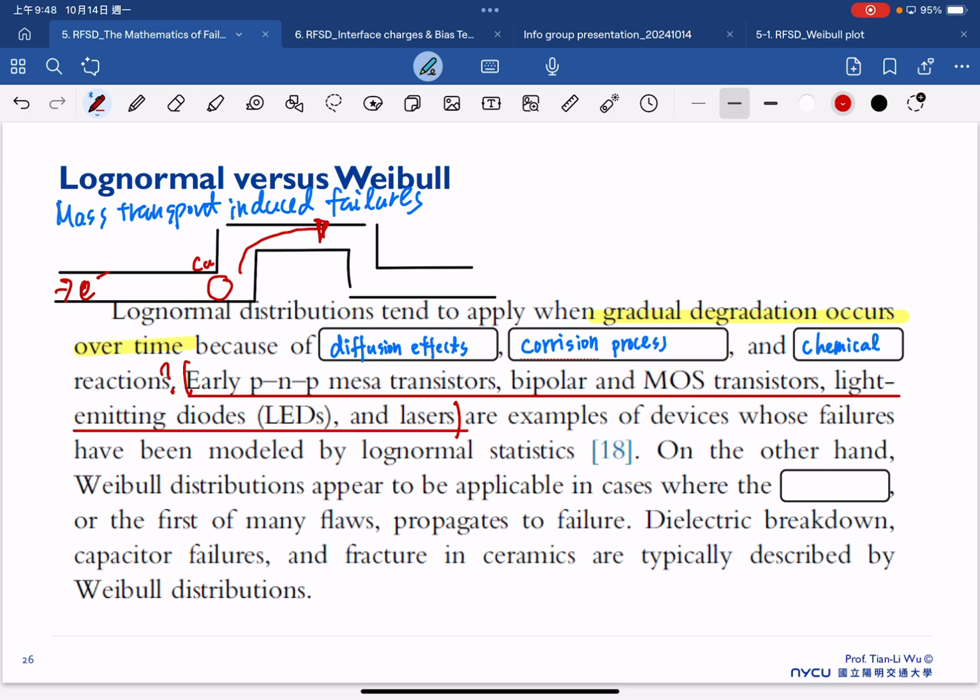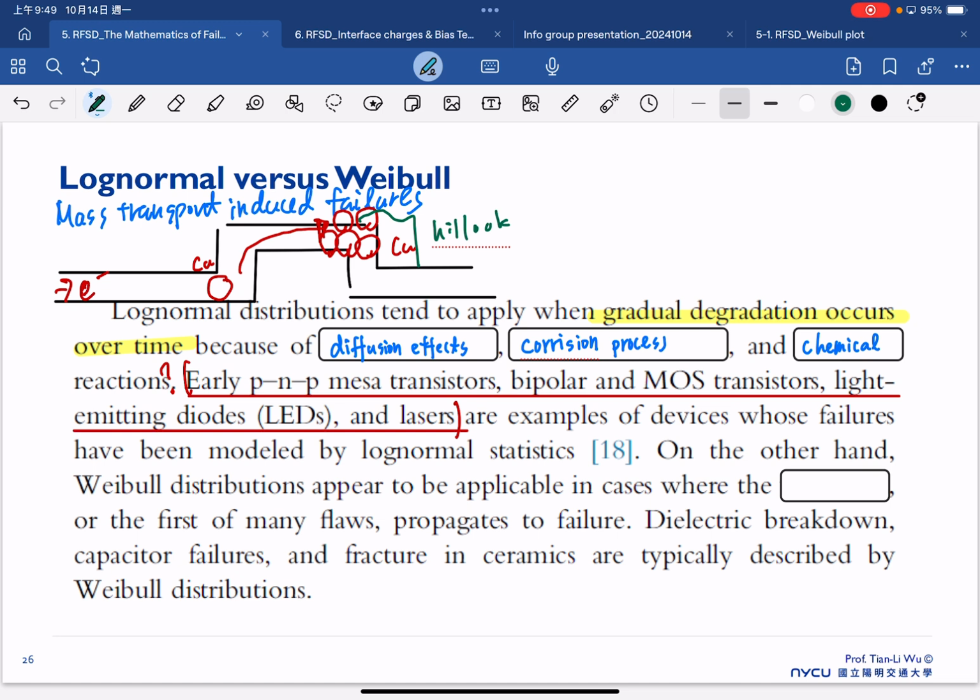But the problem is that the copper will accumulate at some region. For example, once the copper moves to this region, it will start to accumulate at this corner. And this becomes the issue we generally call a hillock. So in this region, the copper can lead to the formation of the hillock.